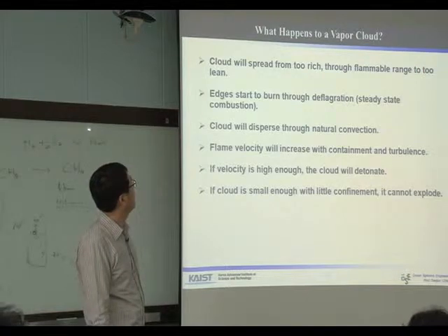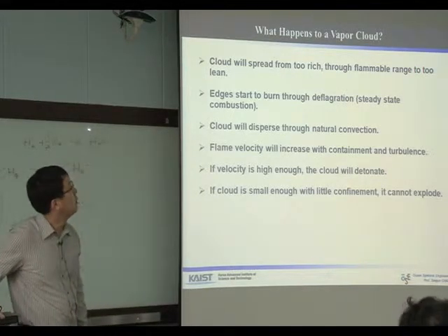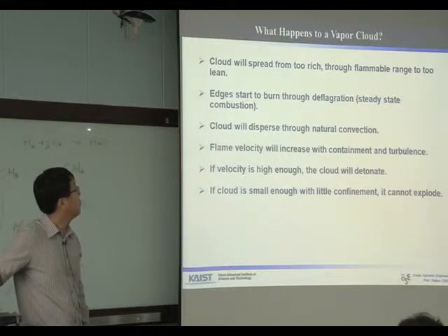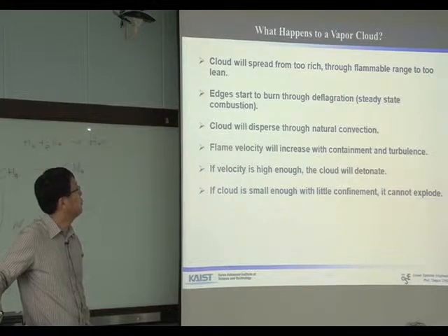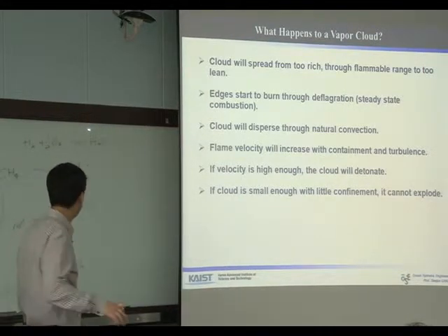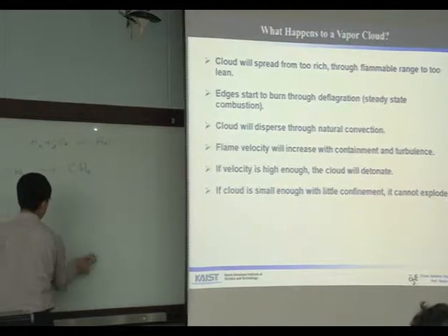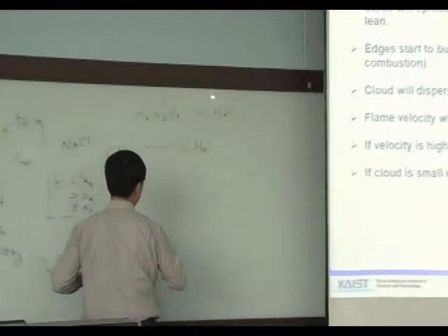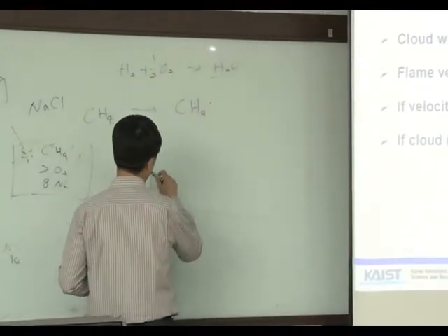So typically the phenomenon concerning the vapor cloud explosion is that the cloud will spread from too rich through the flammable region to too thin. What I mean here is that we have a storage tank here, and we have a leak.